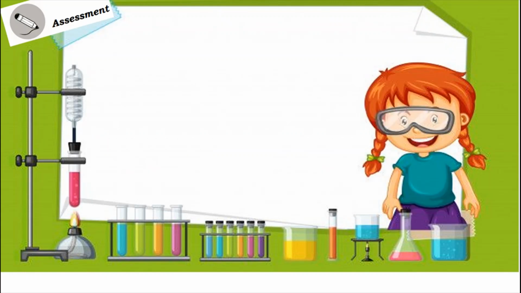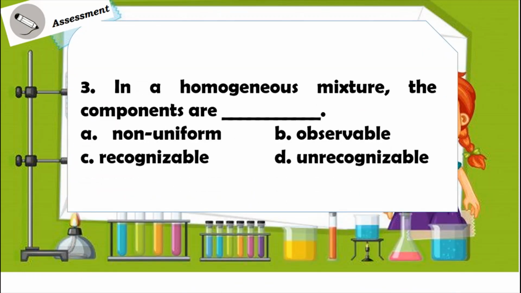Okay, number 3. In a homogeneous mixture, the components are blank. A, non-uniform. C, recognizable. B, observable. And letter D, unrecognizable. Correct answer is letter D, unrecognizable.